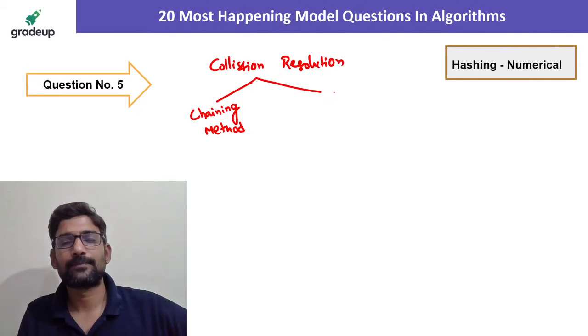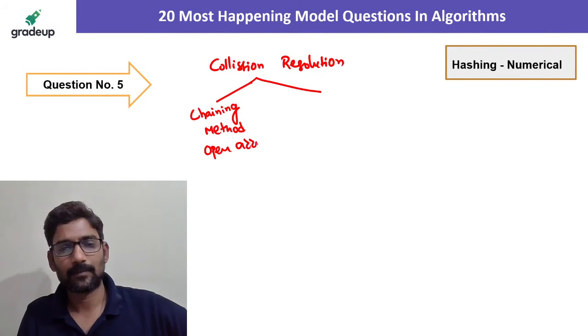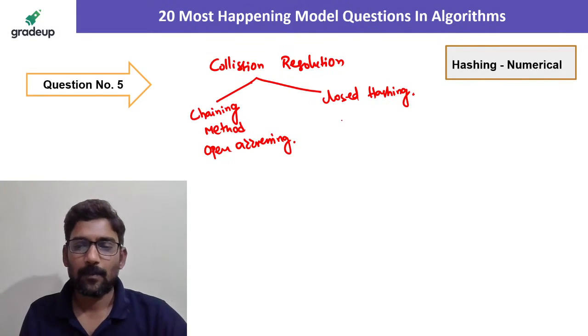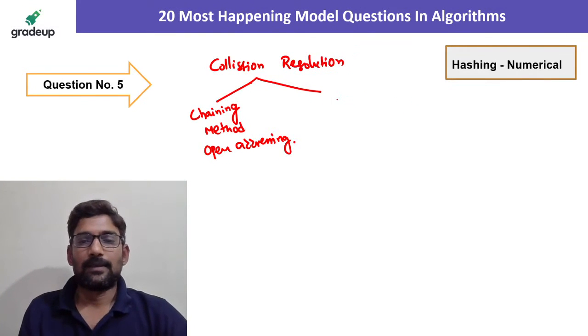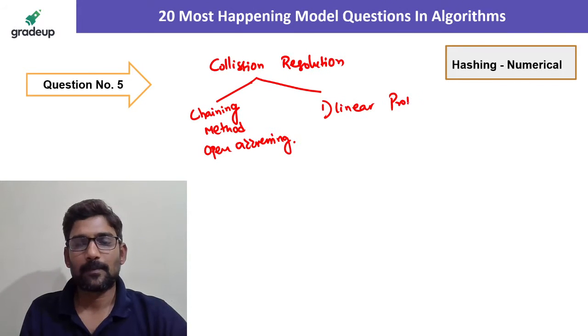The other is open addressing, also called closed hashing. Under it: linear probing, quadratic probing, double hashing.